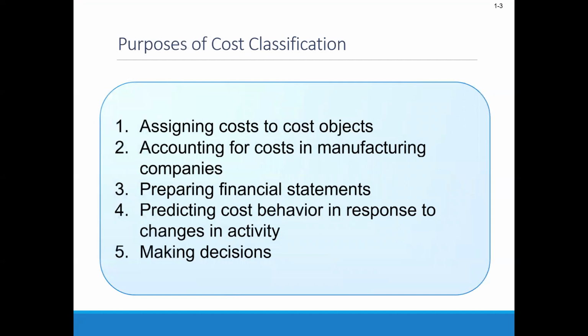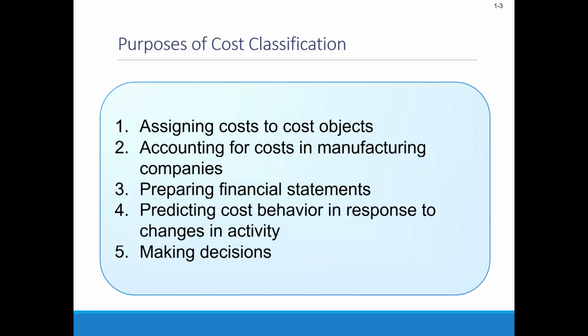Cost classifications are really huge in managerial accounting. We're going to talk about assigning costs to what we call cost objects. And then we're going to talk about why we do accounting for costs in manufacturing companies.